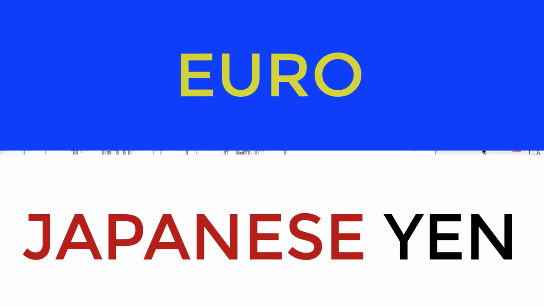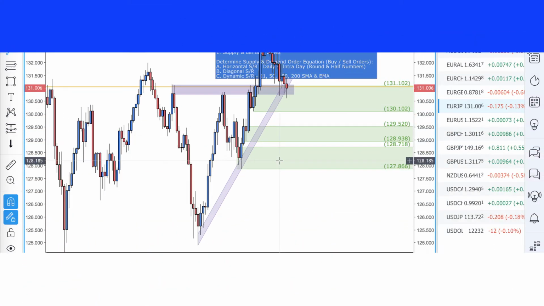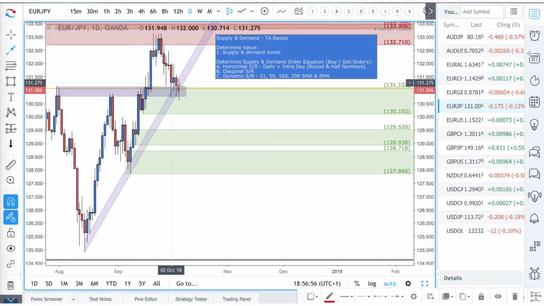Moving on to the euro yen. Again, this was a trade opportunity I highlighted this week, where you had horizontal and diagonal support in this area, but I also highlighted that there were fundamental reasons for what you should be looking out for when it comes to the euro.